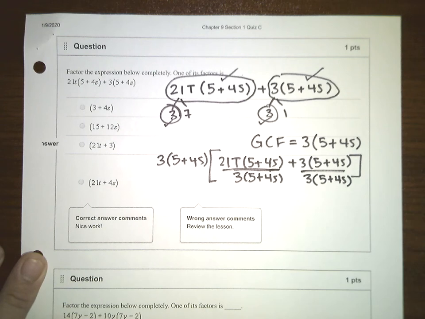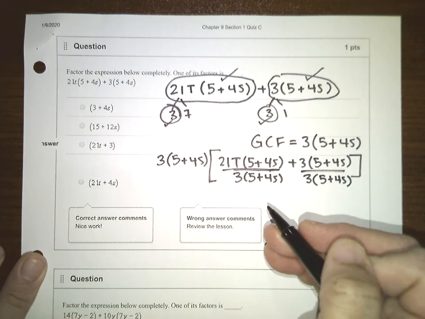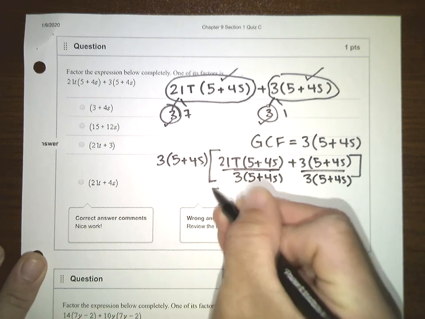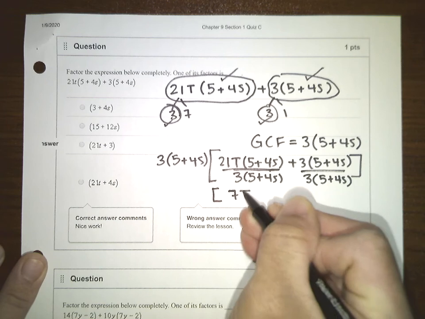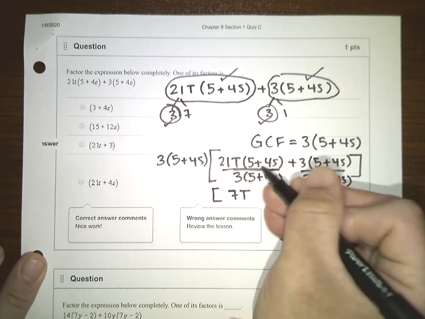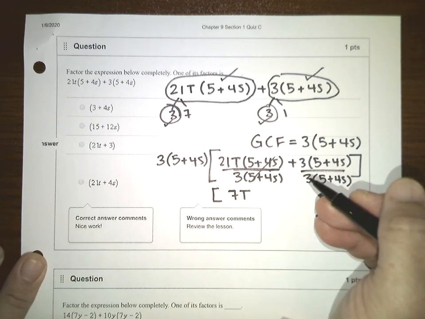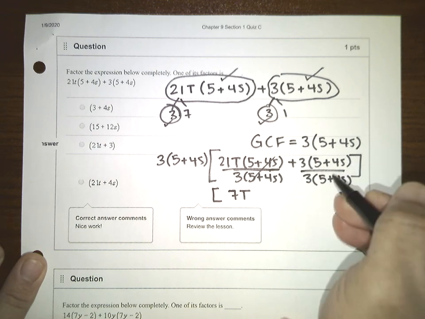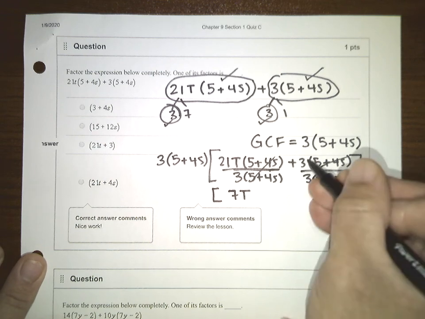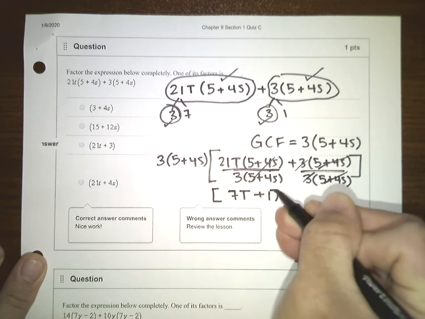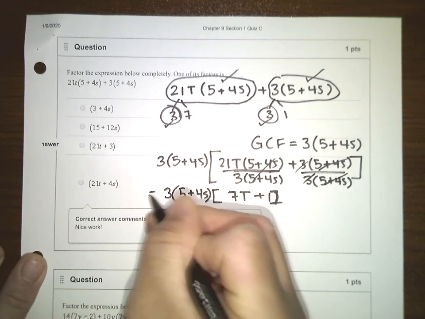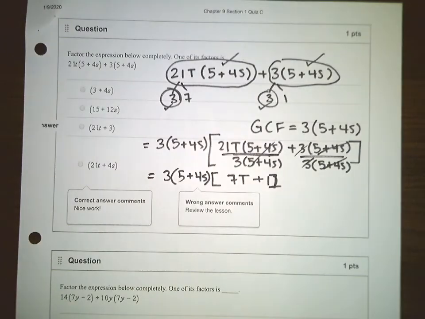Then, let's see, the 21 over 3 is 7, so 7t, (5 plus 4s) divides out, right, and the (5 plus 4s) divides out, and 3 over 3 is 1, so we have 3 times (5 plus 4s) times (7t plus 1).